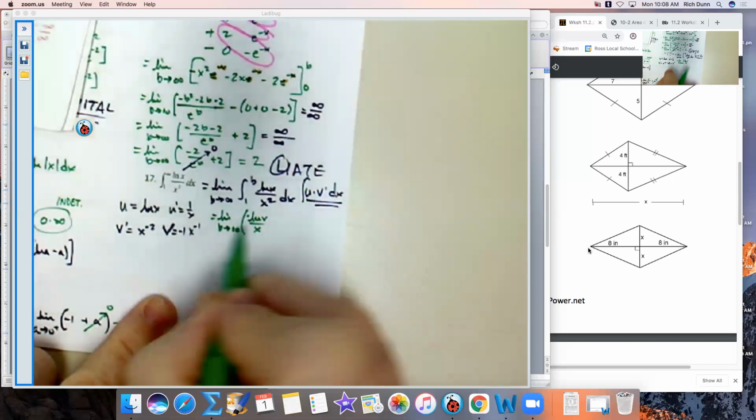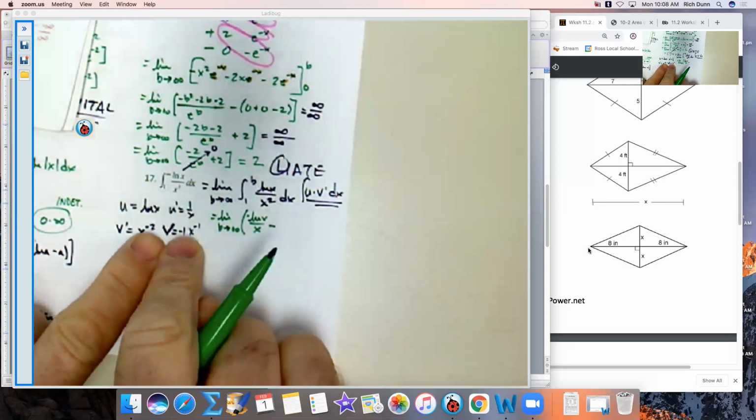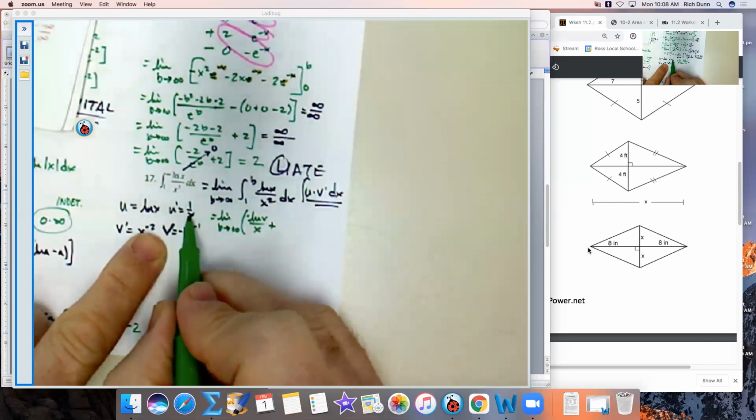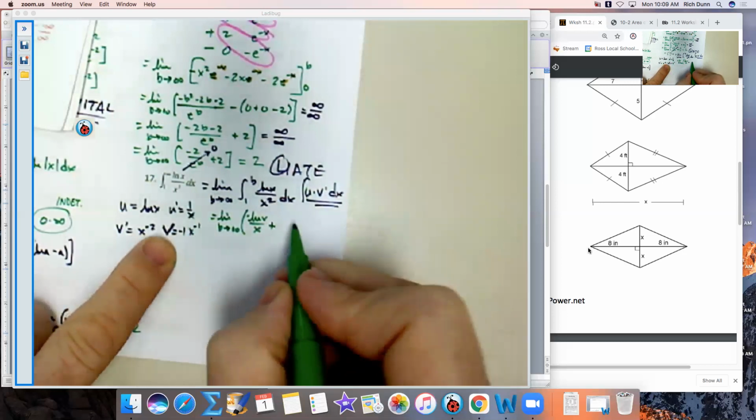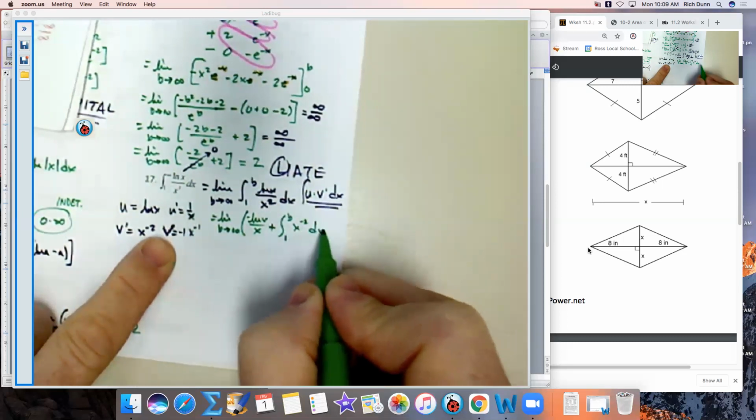Oops, I forgot my negative there. And then I subtract, and since I have this negative here, this will become positive, and this will be 1 over x times 1 over x, or the integral from 1 to b of x to the negative second dx.